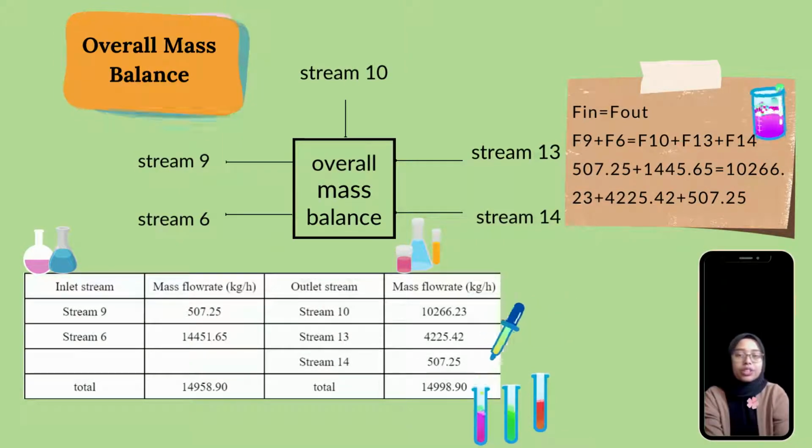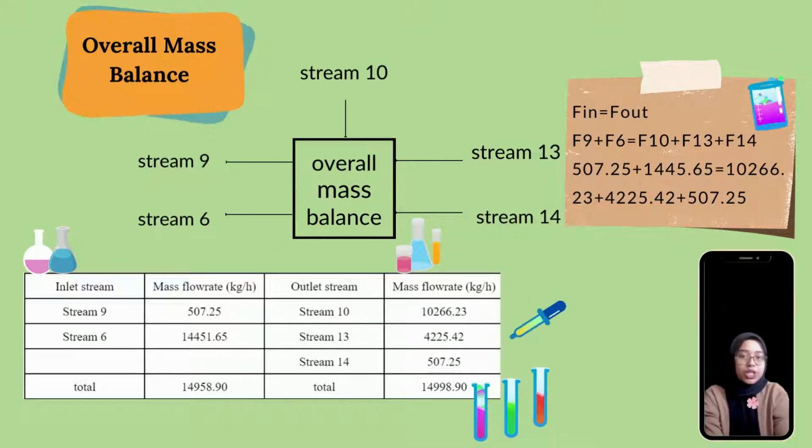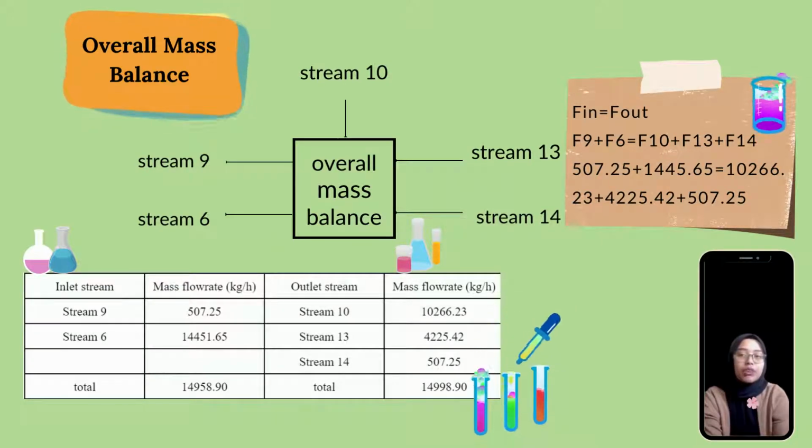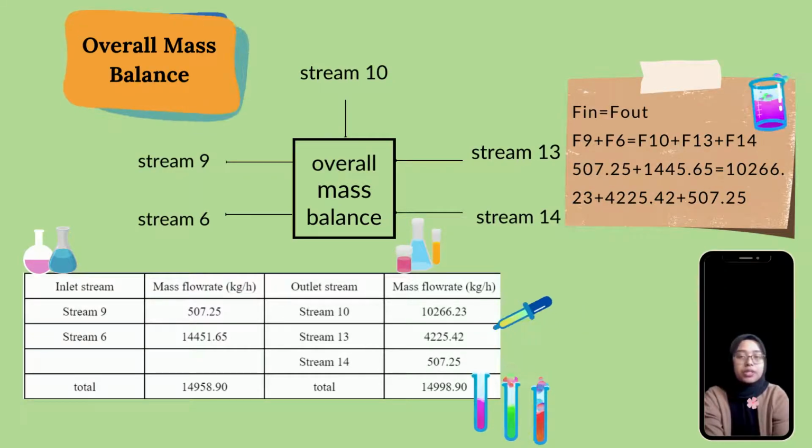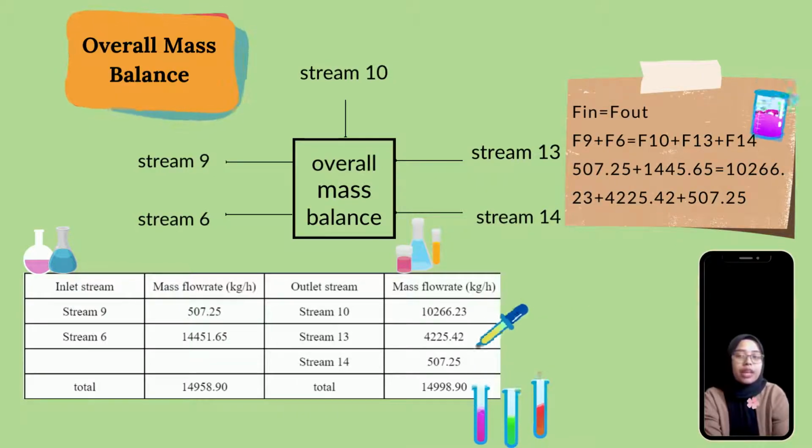I will continue this presentation about the mass balance of our plant, and we get a balance from the calculation from inlet that consists of stream 9 and stream 6, and for outlet contains streams 10, 13 and 14.